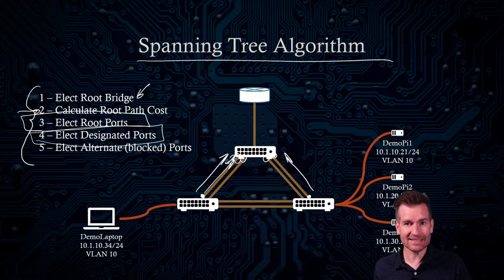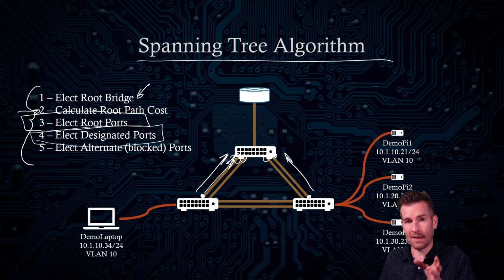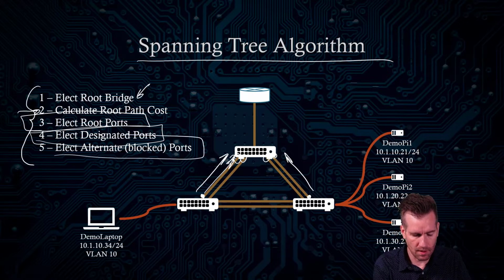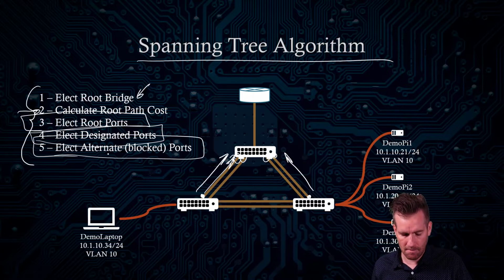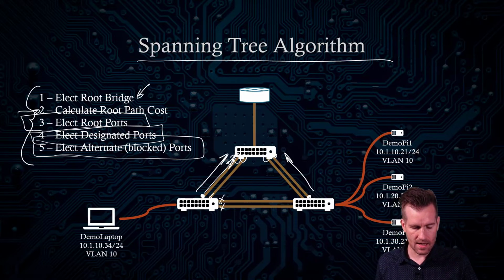And then once it elects those designated ports, those are the ports that are going to be up and running, essentially sending and receiving. Then it's going to elect alternate or blocked ports. This goes by many different names, but these are going to be the ports that it shuts down. So the designated ports are going to be the ports it's going to keep live.